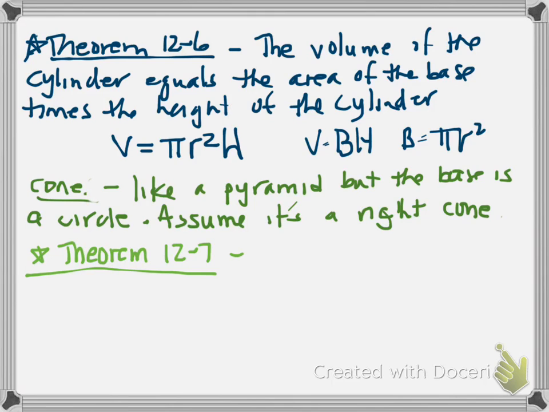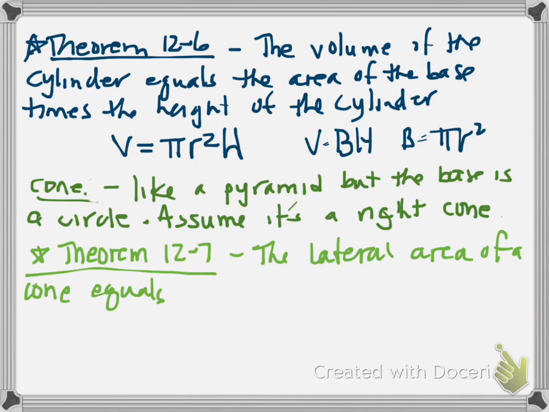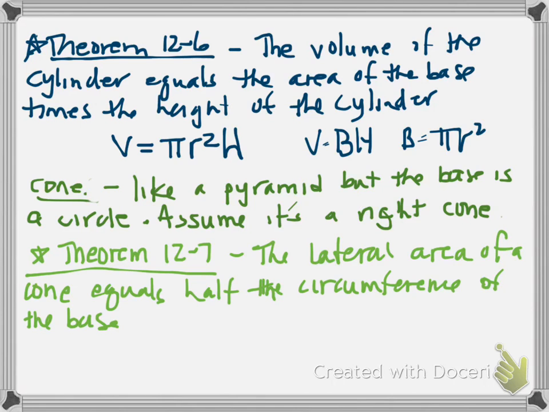So the lateral area of a cone equals half the circumference of the base times the slant height.